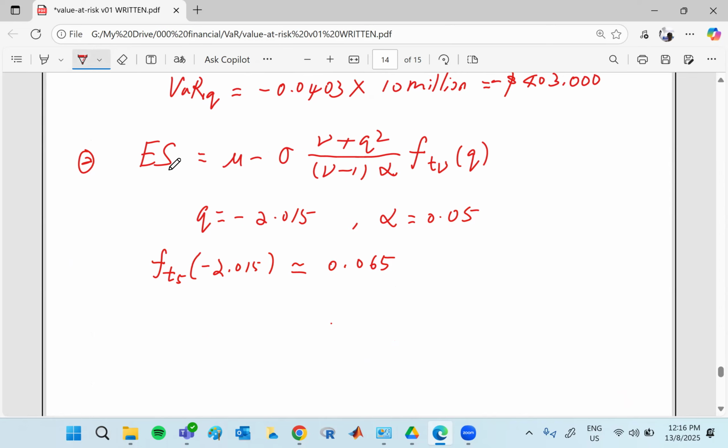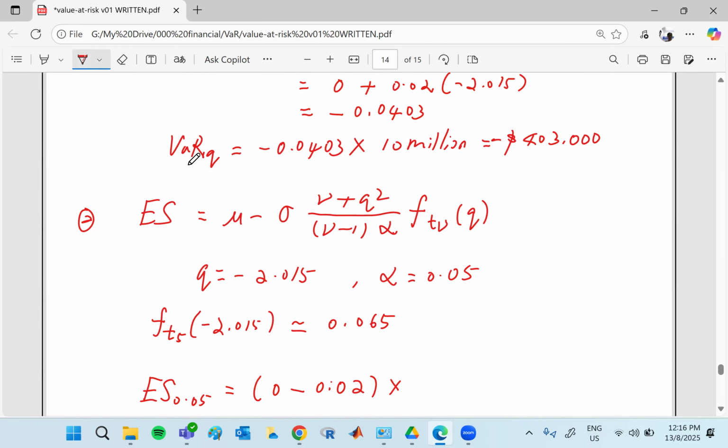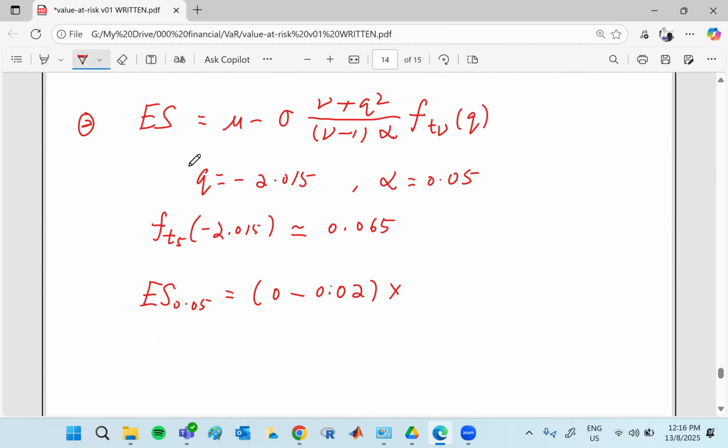So we just plug in the ES here, with 0.05 for alpha. You have mu minus the volatility, which is 2%, times the formula.